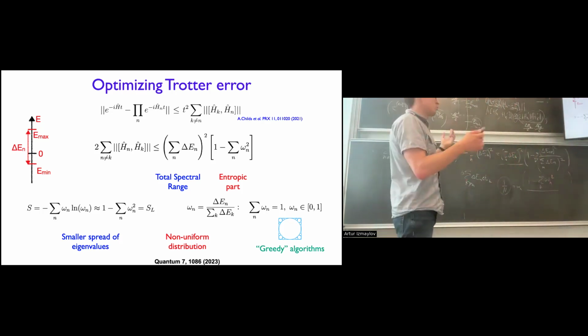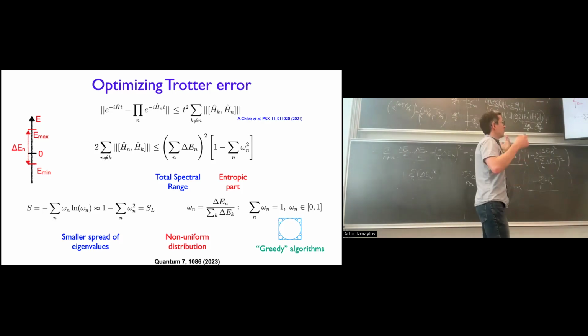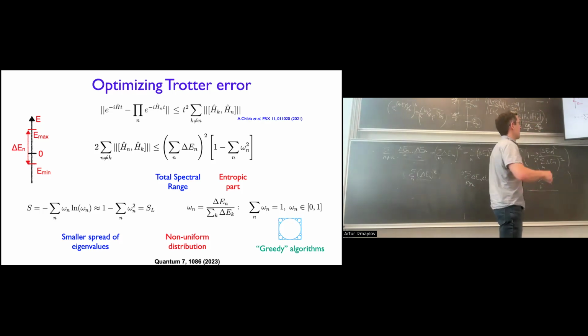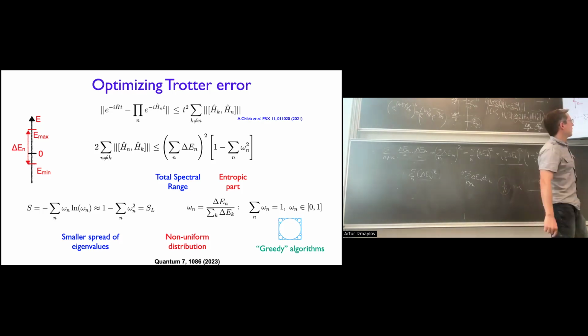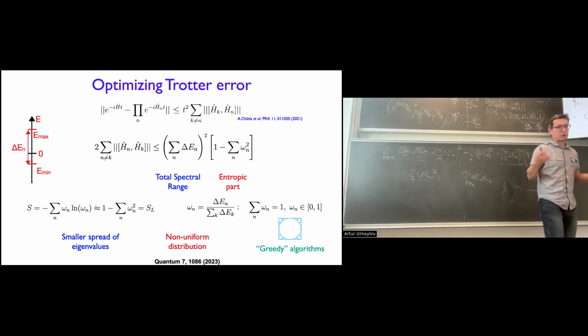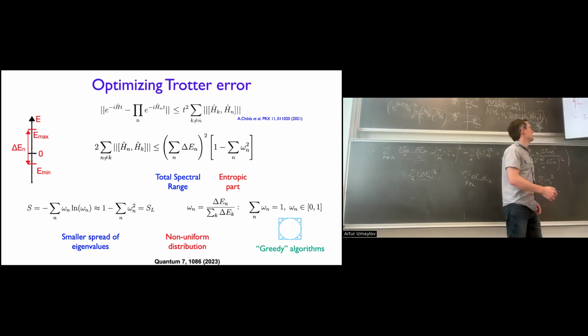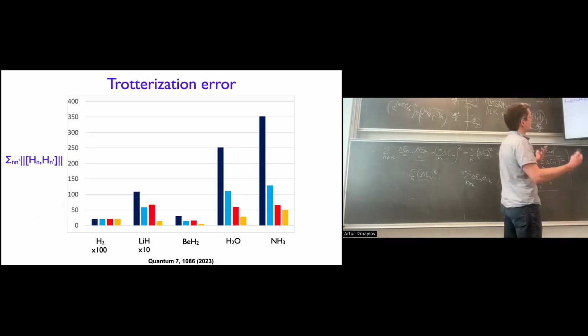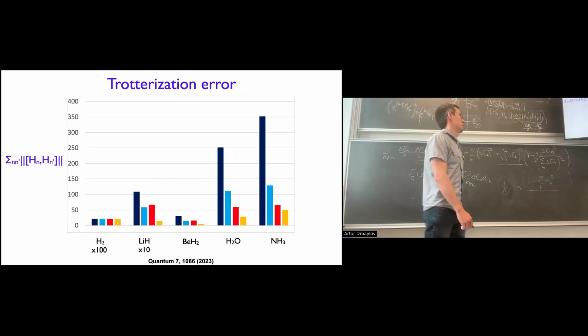So this is the intuition behind what we were doing for finding the fragments to optimize an upper bound of the upper bound. It suggests that you want to use greedy algorithms that reduce the entropic part, okay? Because of course one can try to optimize the norm of commutators, but we don't know how to do it efficiently, okay?